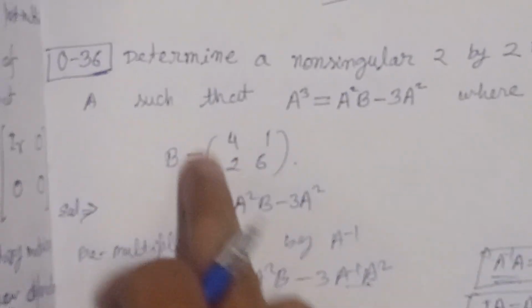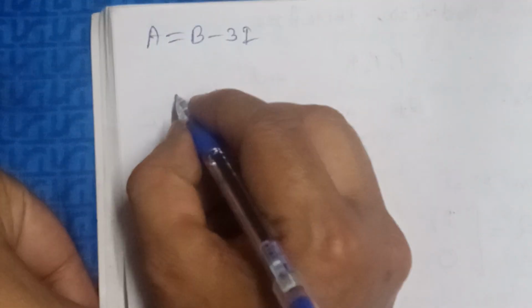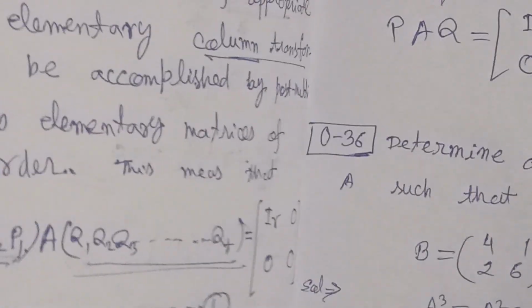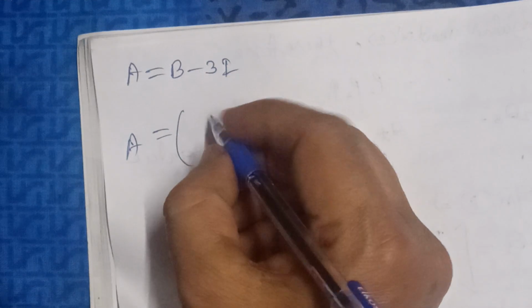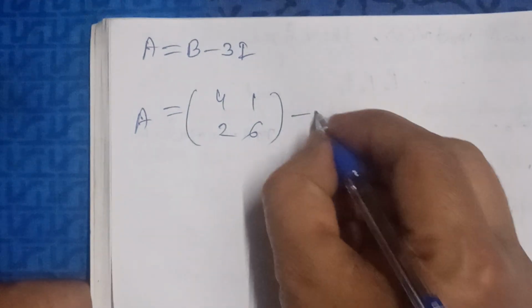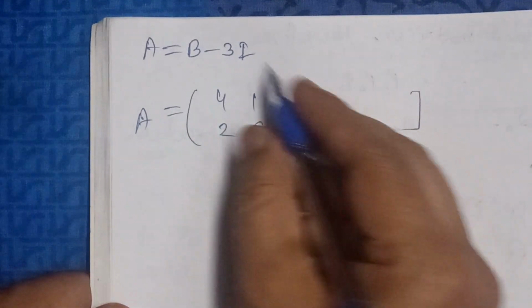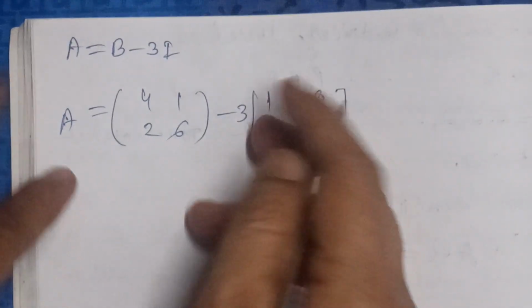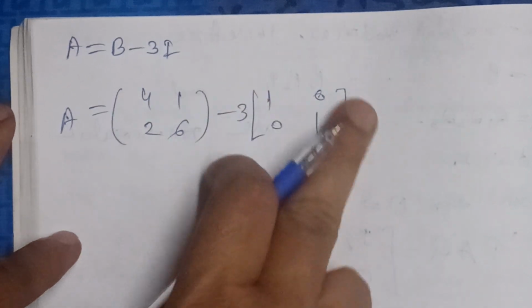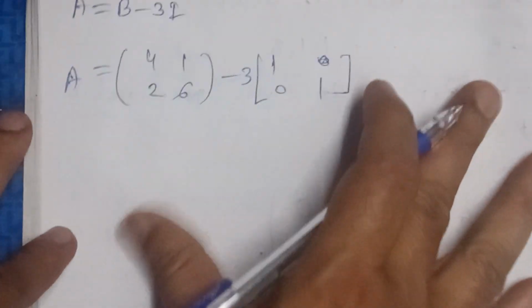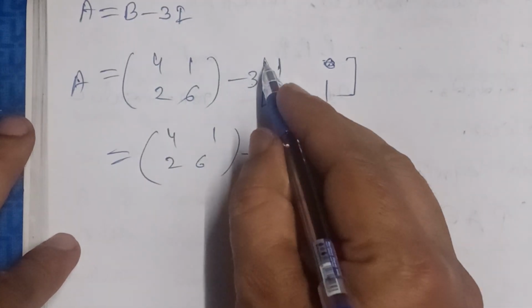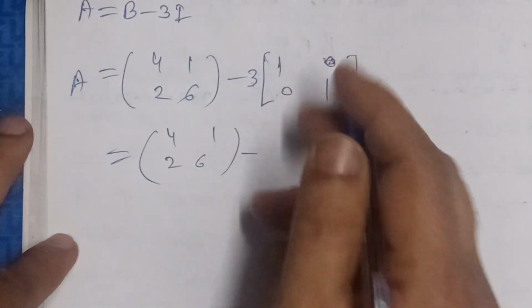We are given the value of B, so I write the value of B. B is a second order 2 by 2 matrix with elements 4, 1, 2, 6, minus 3 I. I is the identity matrix. The elements of the identity matrix are 1 0 0 1. Leading diagonal elements are 1 1 and off diagonal elements are 0 0. First of all, we take 3 inside this matrix.